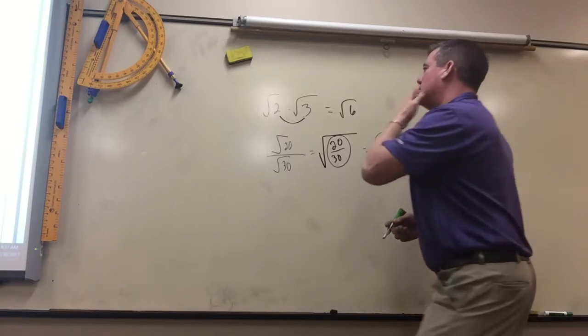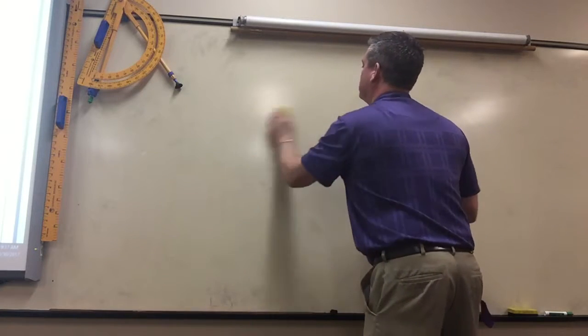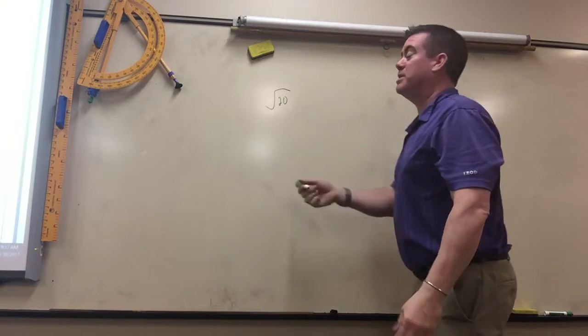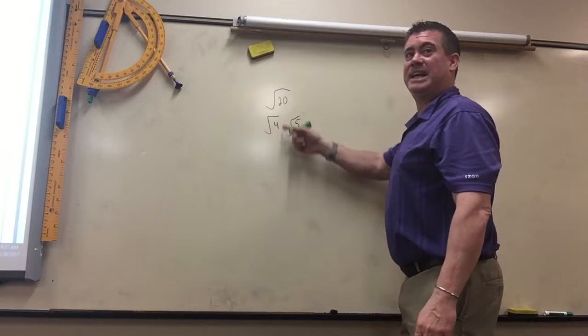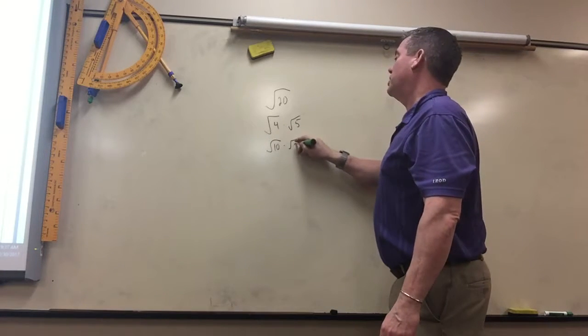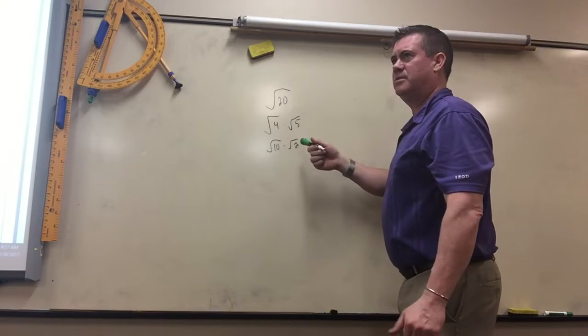Now this works the other way. If I had the square root of 20, I could split that up to say square root of 4 times the square root of 5. Exactly the same thing. Or square root of 10 times the square root of 2. That's the only 2 I could do, right?